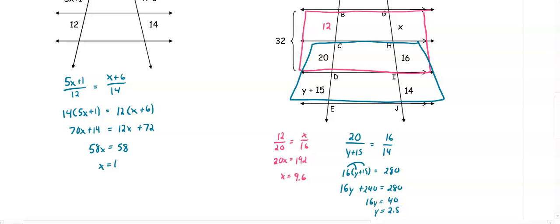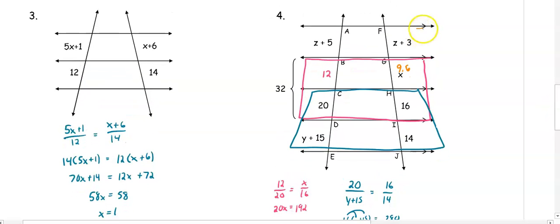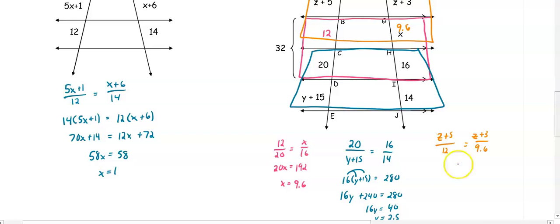Then because we know that x is 9.6, we can use the top 4 sections to solve for z. So we would have z plus 5 over 12 is equal to z plus 3 over 9.6. When we cross multiply, we have 9.6 times z plus 5 equals 12 times z plus 3.